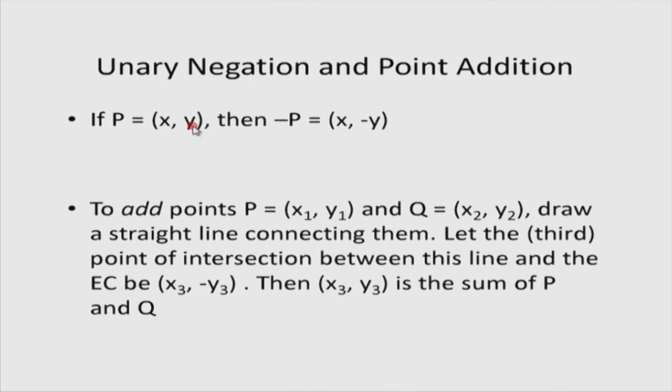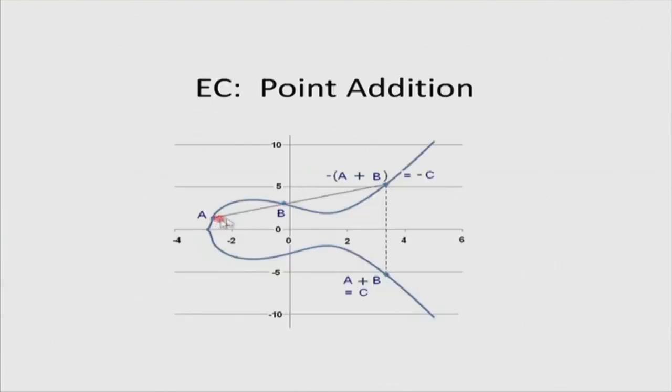That's the mirror image along the x-axis. So I join these two, A and B, it hits the curve at a third point, and then I take the mirror image along the x-axis. So that gives me this point. If this coordinate is x3, y3, then this is x3 comma minus y3. So this is a geometrical interpretation of the addition of 2 points on the elliptic curve.